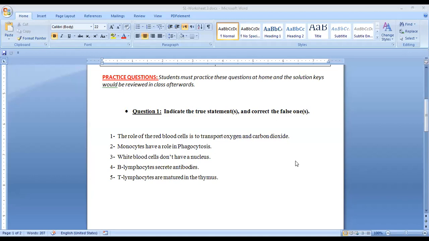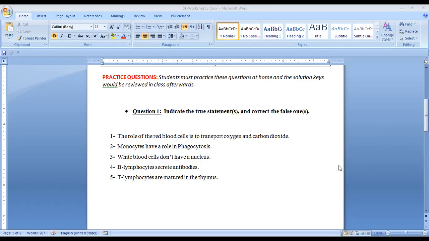Everything's good? What do you think about number 3? White blood cells, they don't have a nucleus. What do you think? Do you hear me, Alma? Okay, let's move to others.